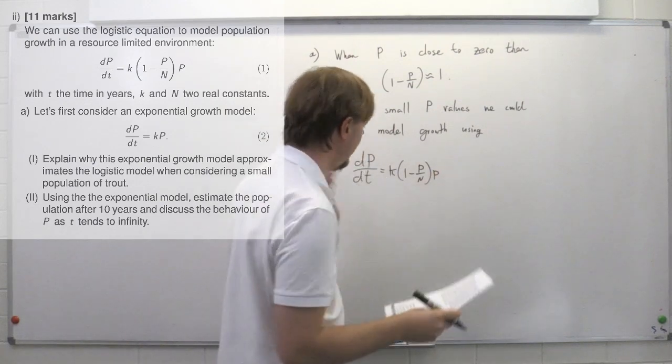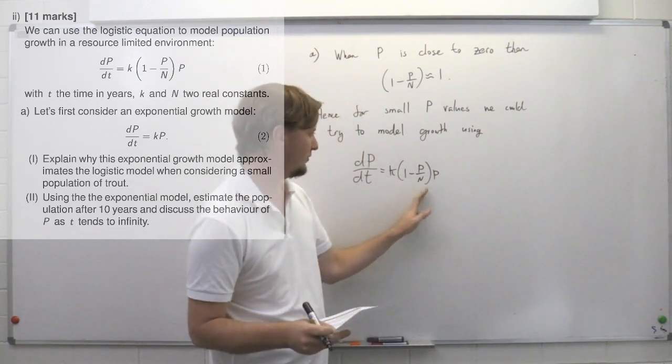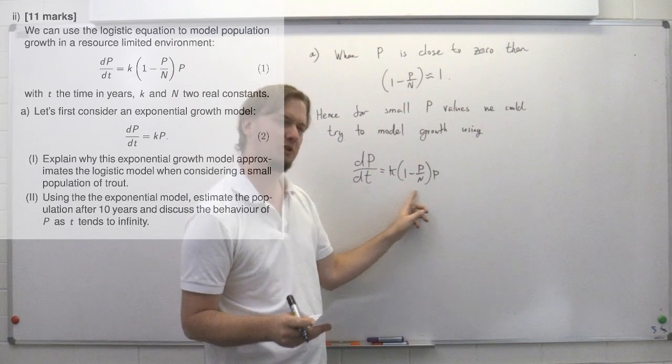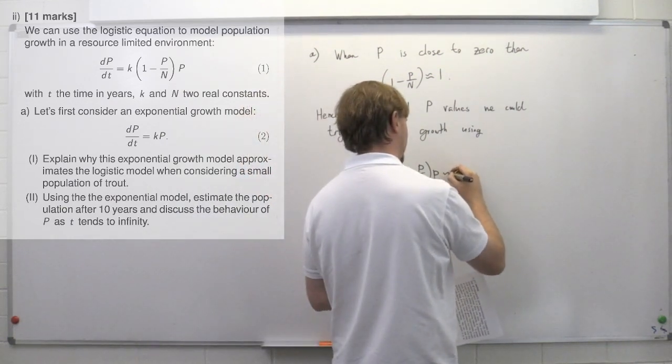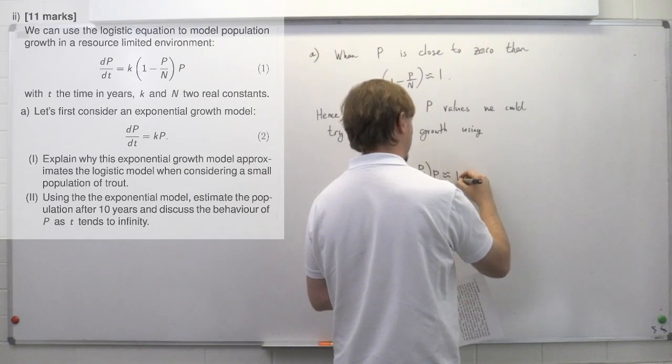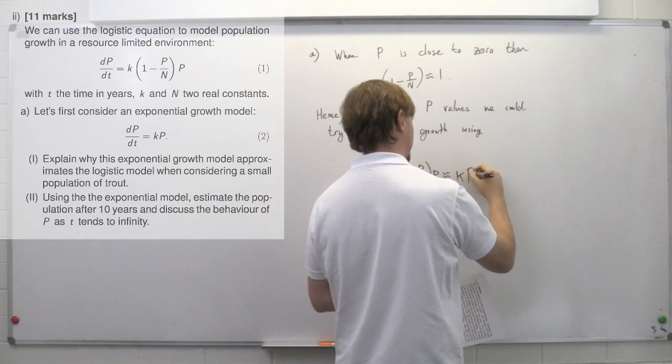And it's saying that if p is very, very small, I'm not going to really be able to see the difference between this term and 1. So approximately, this looks like the model k times p.